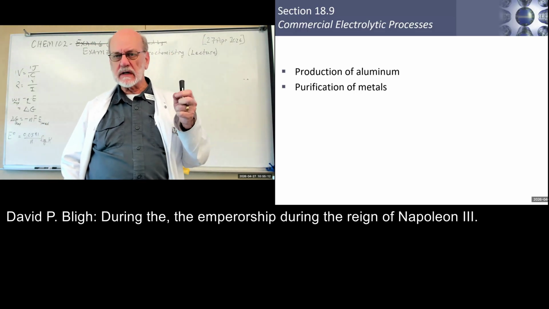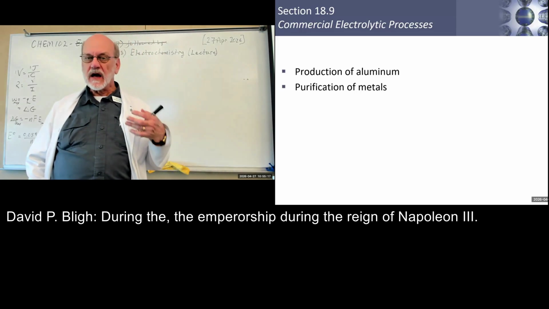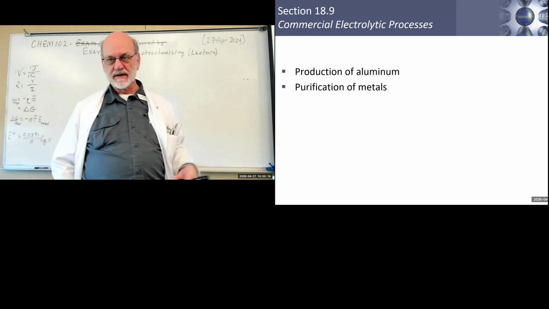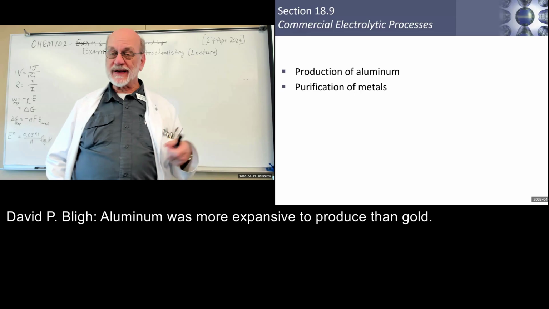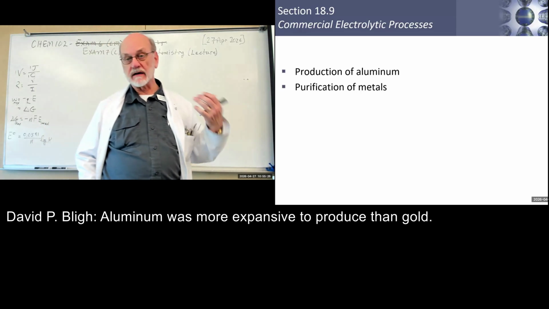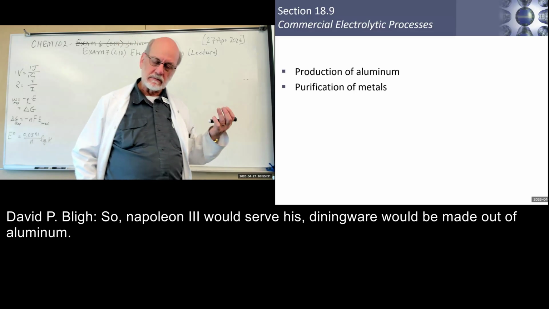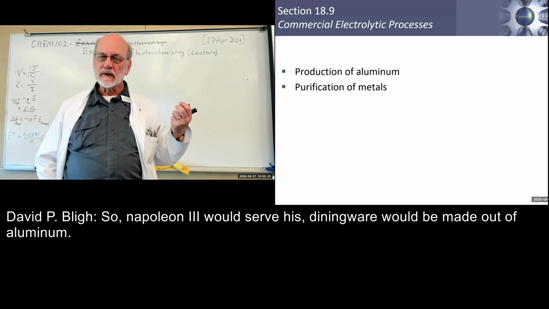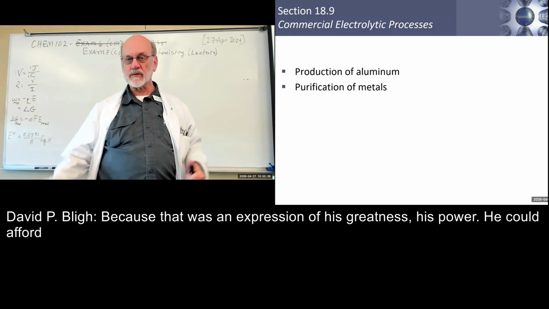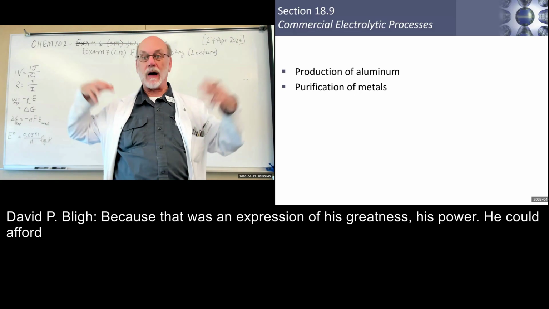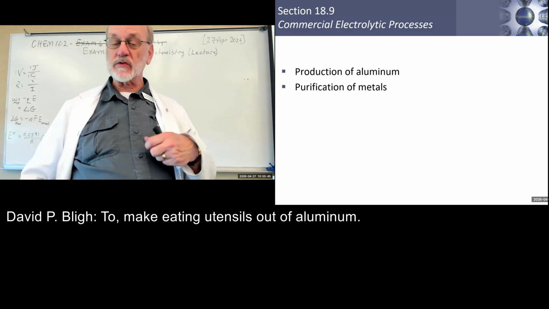During the reign of Napoleon III, aluminum was more expensive to produce than gold. So Napoleon III would serve his dining ware made out of aluminum, because that was an expression of his greatness, his power. He could afford to make eating utensils out of aluminum.